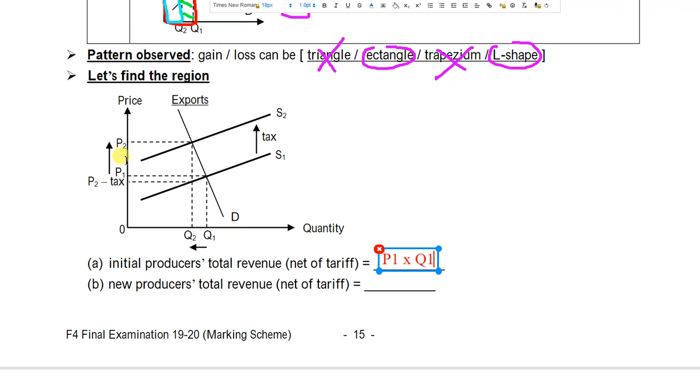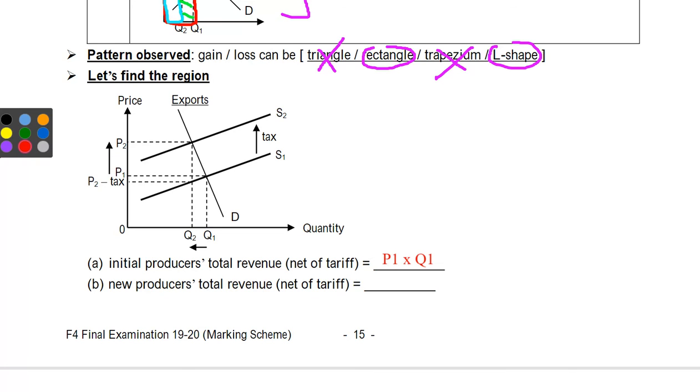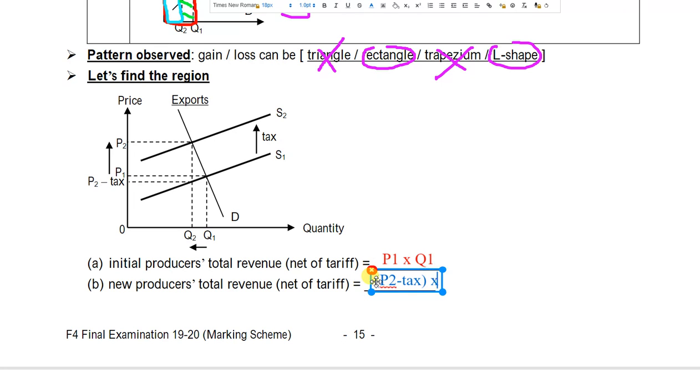For the new one, there are 2 choices: P2 and also P2 minus tax. Of course, if we consider producers, they only earn P2 minus tax, so we have to consider this. And for the Q, of course, we consider Q2. Then if we compare the region, initially we have this.